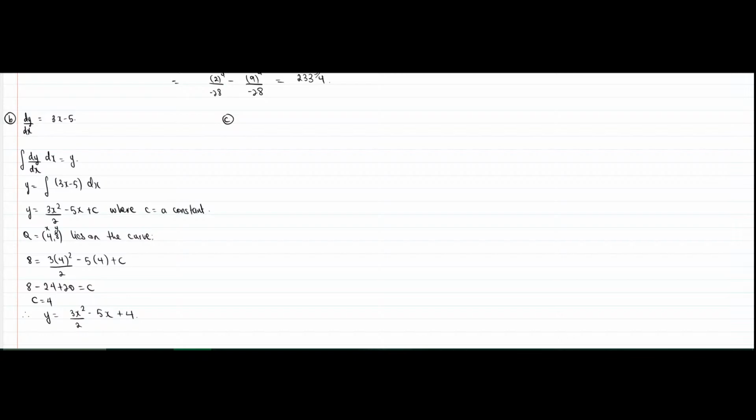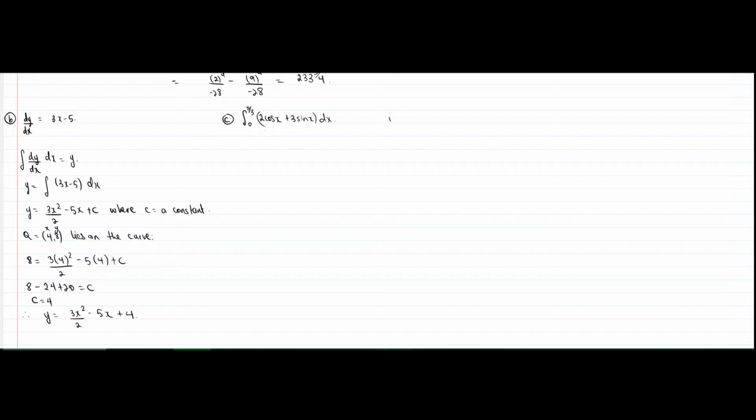So the area between the curve will be the integral between pi on 3 and 0 of 2 cos x plus 3 sin x dx.